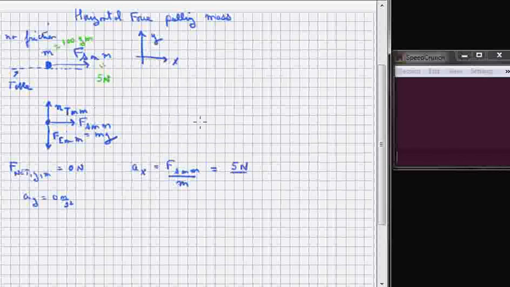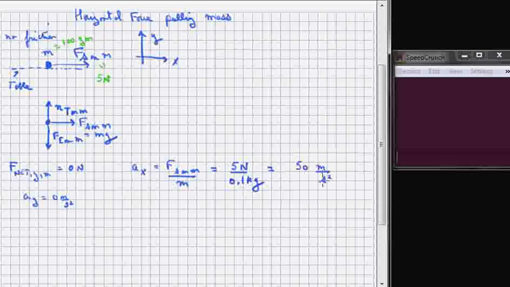But again, the safe thing to do is to always convert mass to kilograms. So 100 grams is 0.1 kg. And that would give us an acceleration of 50 meters per second per second.